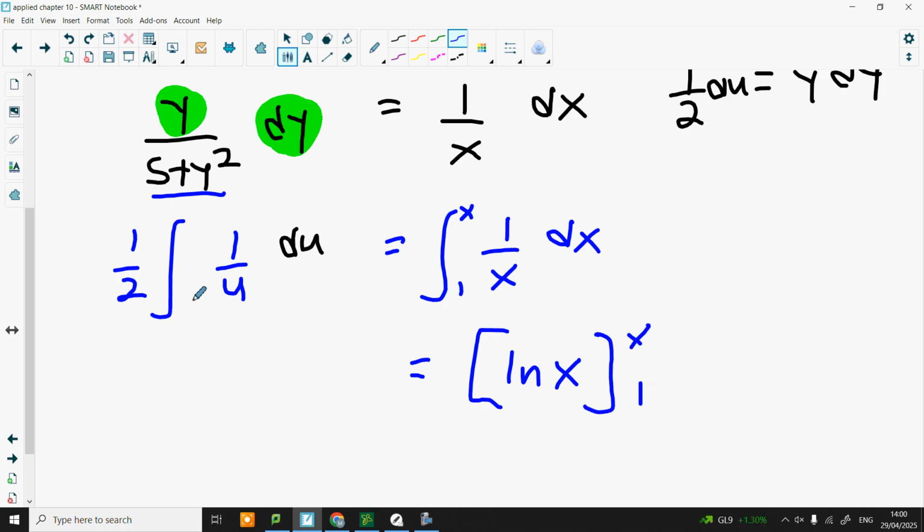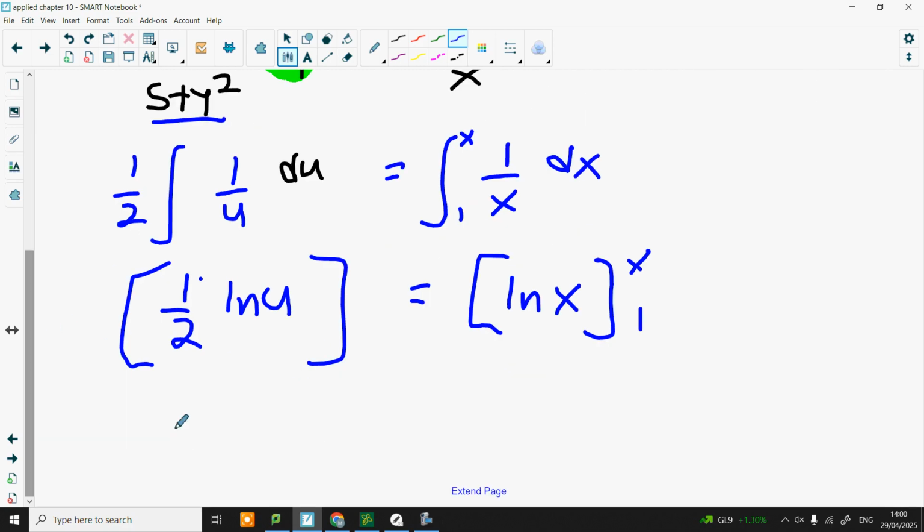And this one here, I don't really know the limits because those were y limits we had a minute ago, weren't they? So here's what we're going to do instead. We're going to do a half, go straight through, ln u. But what can we change a half ln u into? We can change it into a half ln, what's the y value again, guys? 5 plus y squared.